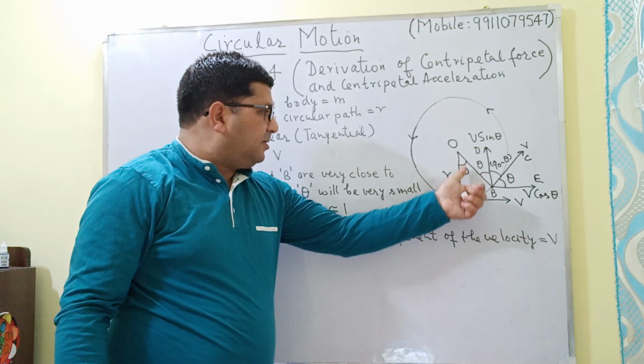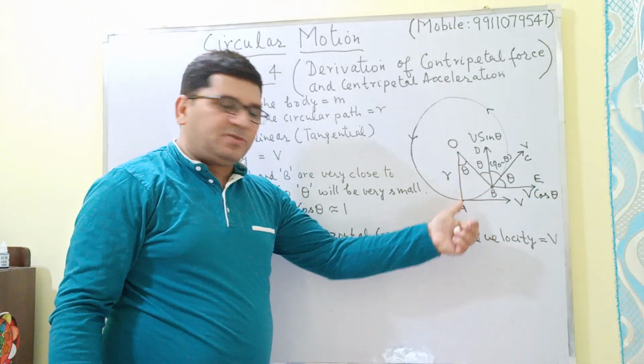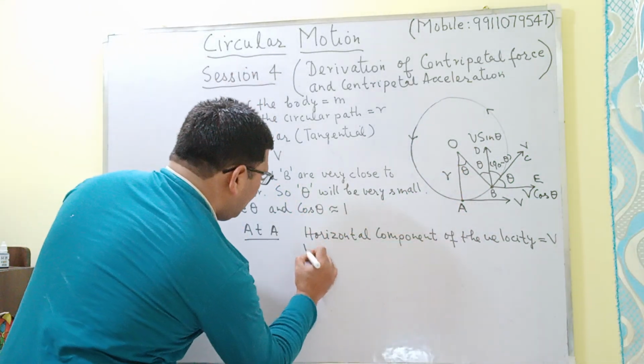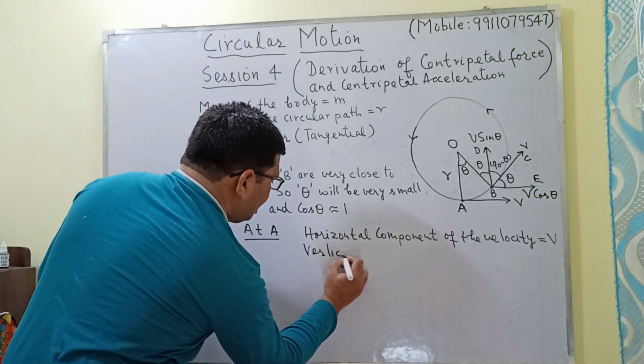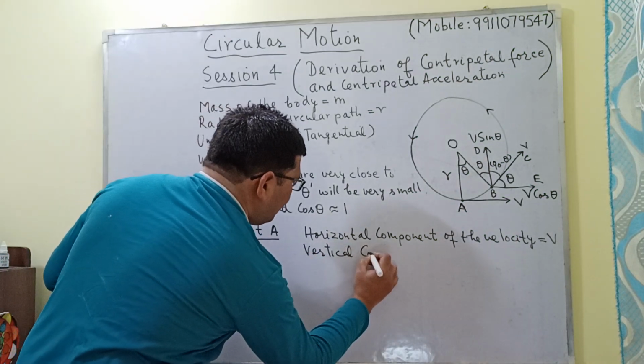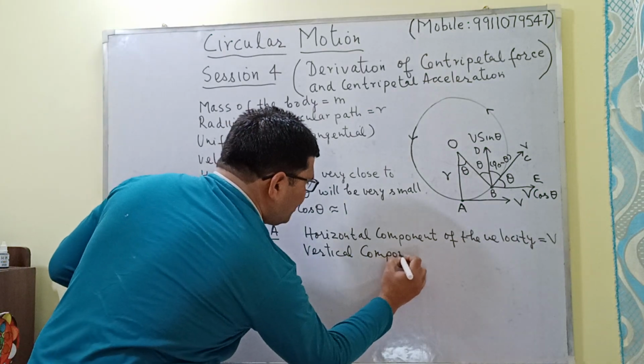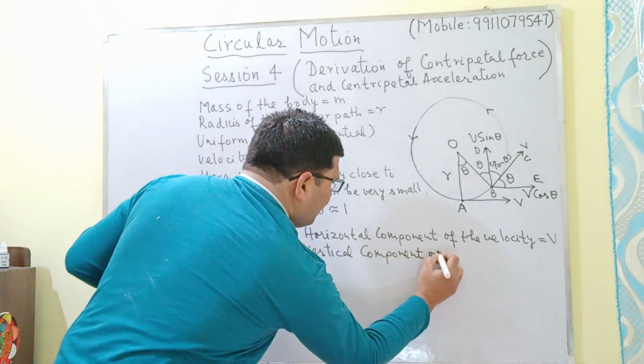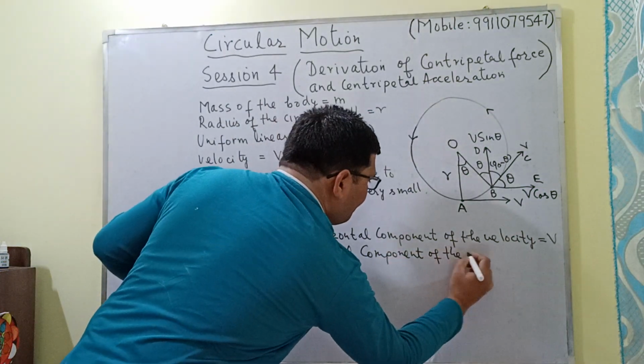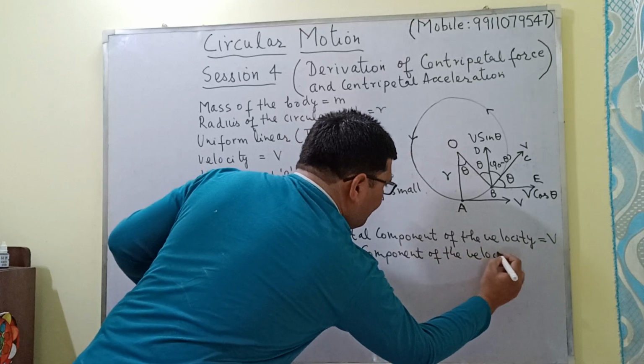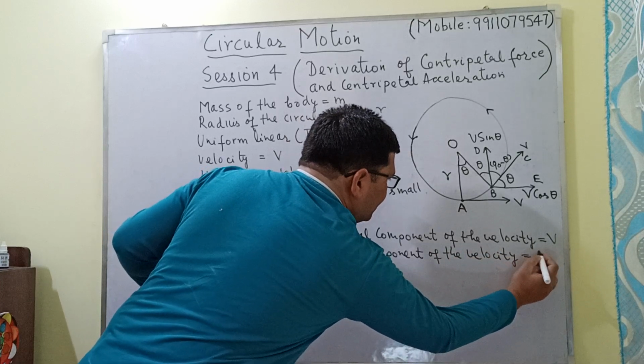And at this point, the vertical component of the velocity is 0.